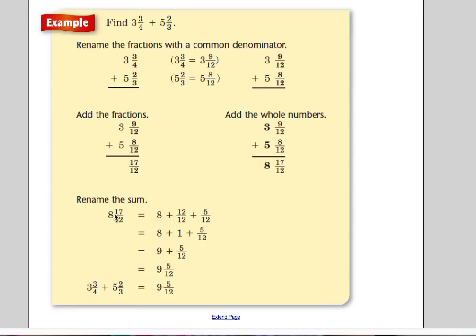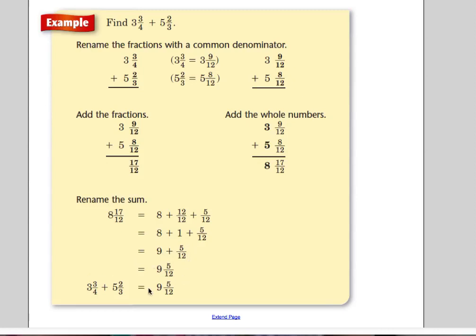So if we have 8 and 17/12, we need to take that 17/12 and change it first to a mixed number, which would be 1 and 5/12, because there's 12/12 and 5/12 in there. 12/12 is 1, plus 5/12. But we can't forget about our whole number 8, so we have to add that in there too. So then we put our 8 plus 1 together to get 9.